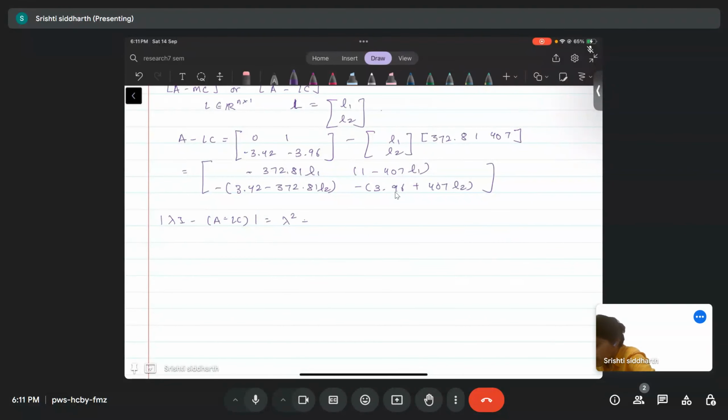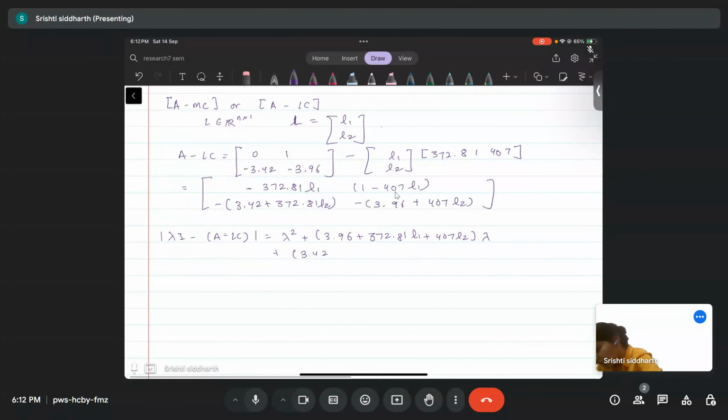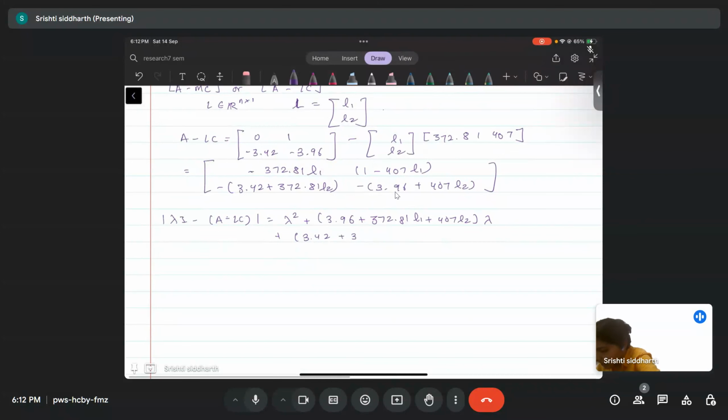Lambda squared plus 3.96 plus 407 L2 lambda, plus 3.42 plus 372.81 L2 plus 84.39 L1 equals 0. This is the characteristic equation.